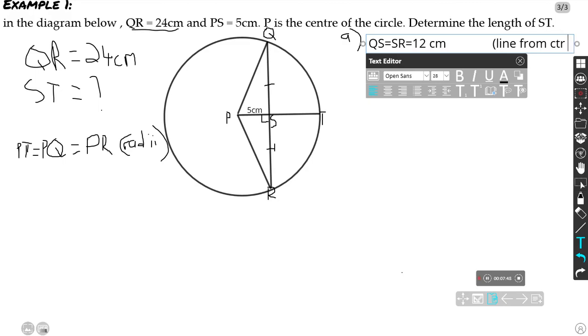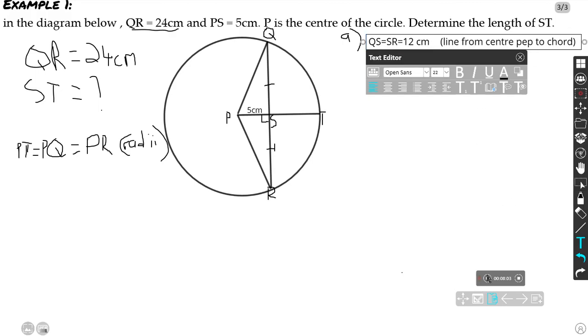So line from the center perpendicular to the chord. Write perpendicular, guys, don't write perp.